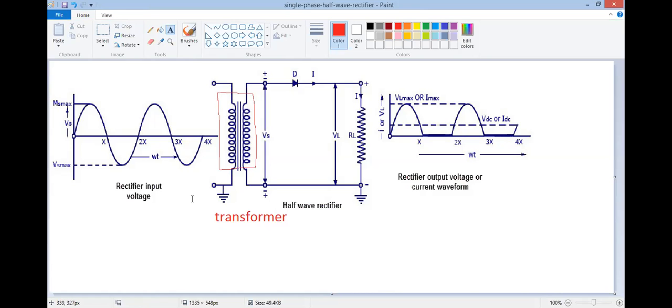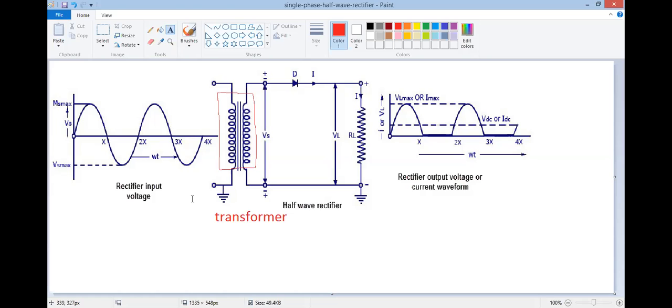It does not convert into DC. A transformer does not work on DC current; it works only on AC current. So as I stated, the first block is your transformer, which converts higher AC voltage into lower AC voltage. The output of the transformer is AC but with less voltage.